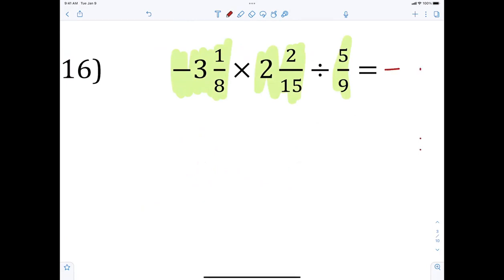Yes, thank you so much. So 25/8 times, what's the next one? Good. And then, now what do I do? Change it to multiplication? Yes, that's okay to do that. All right, now you just have to go through and tell me what reduces, okay?